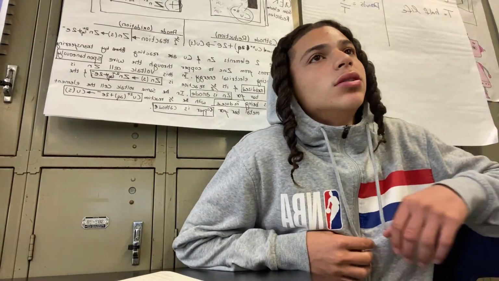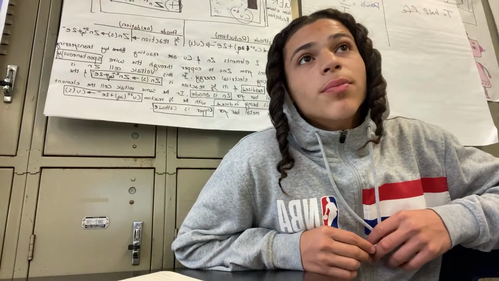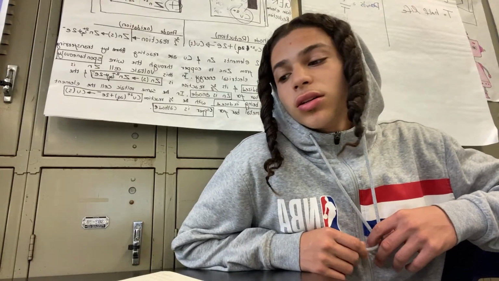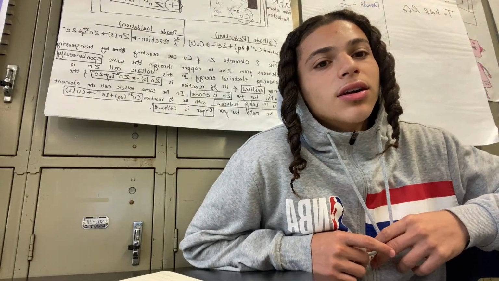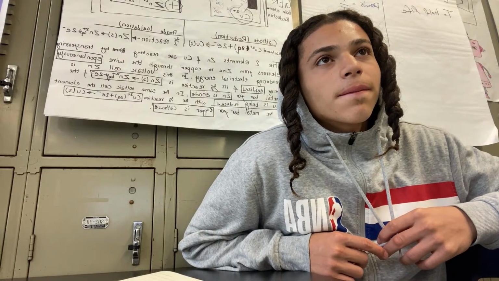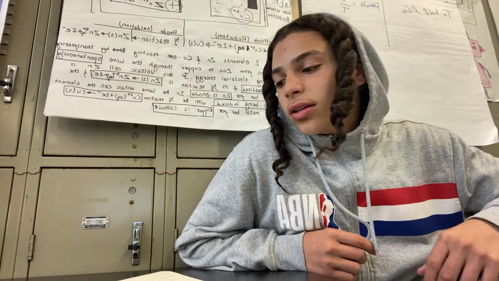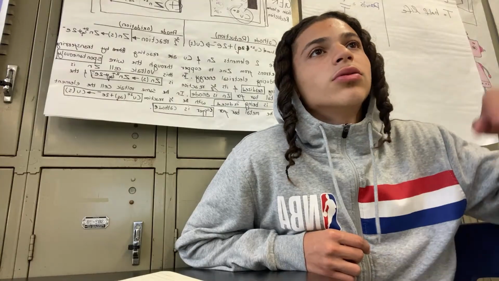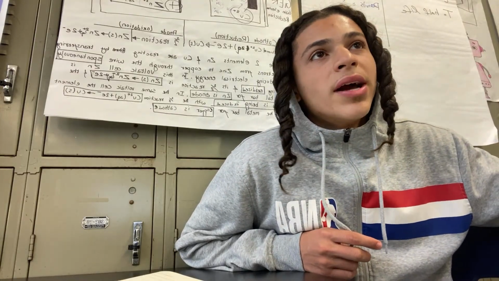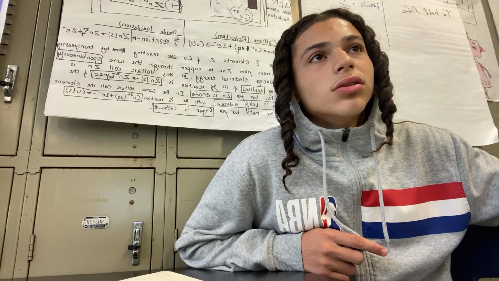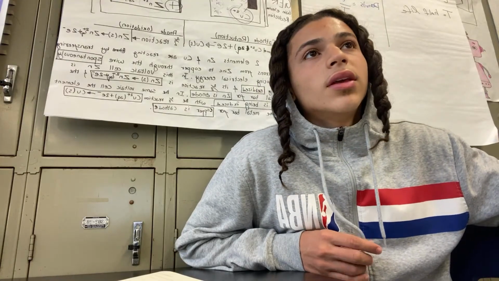It'll be Cu2+ (aq) + 2e⁻ → Cu (solid). Like that, and then a minus on top.